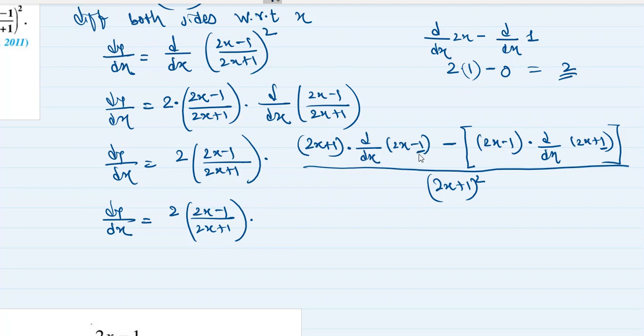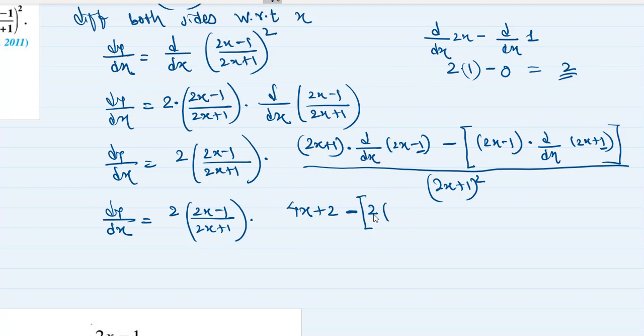So I'm going to get only 2 over here. Here also I'm going to get only 2. So 2 will be multiplied with 2x minus 1. So that will be 4x plus 2 minus 2 bracket, yeah, because there is a minus sign, so that's why I'm writing.